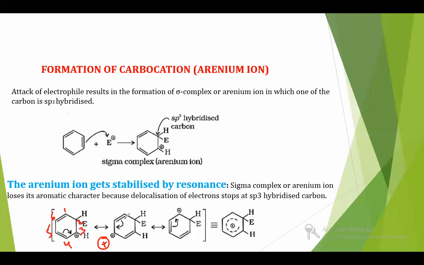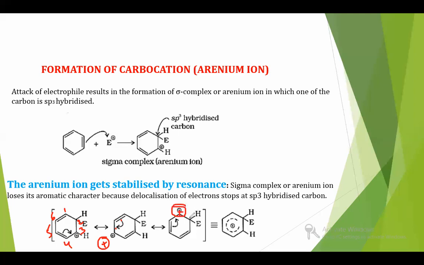The pi electron from 1-6 migrates to 6-5, becoming a double bond here. Then the first carbon has low electron density, giving a positive charge.